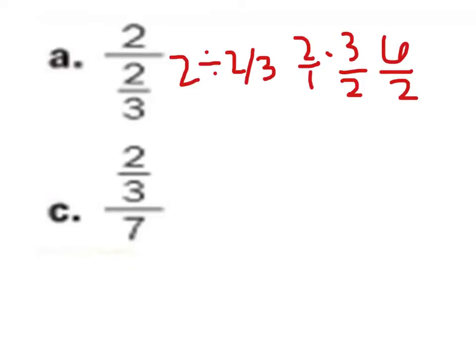And then you divide it, which would be 4. Good. We good? What? I got 3. Because 2 goes into 6 3 times. Oh, yeah, 3. Very good. It is 3. Very good.